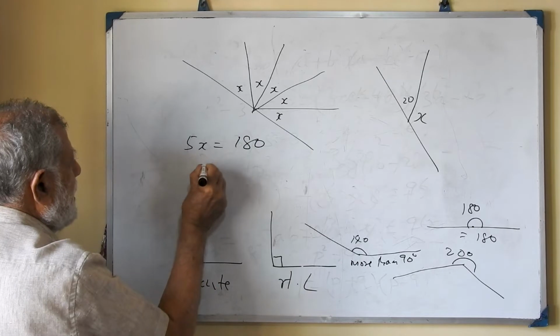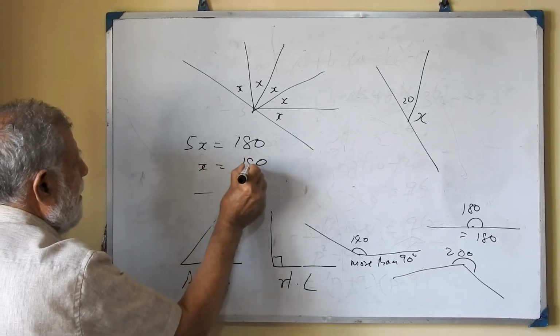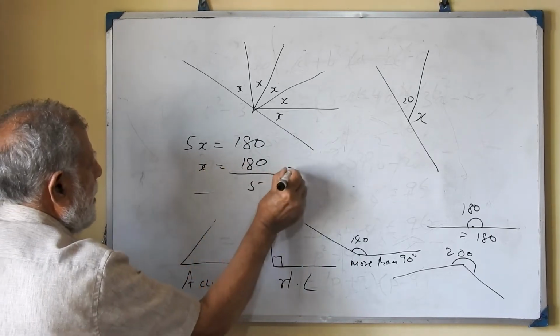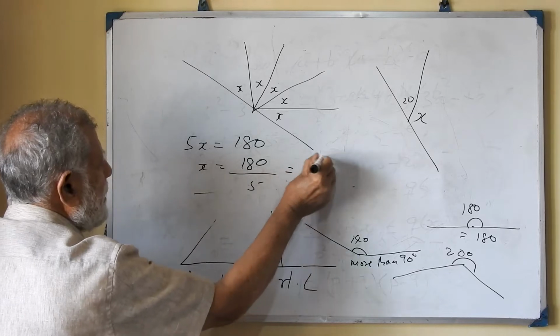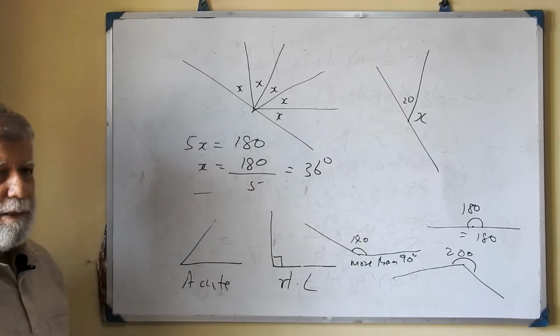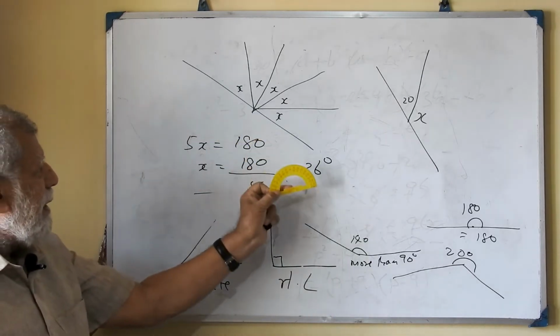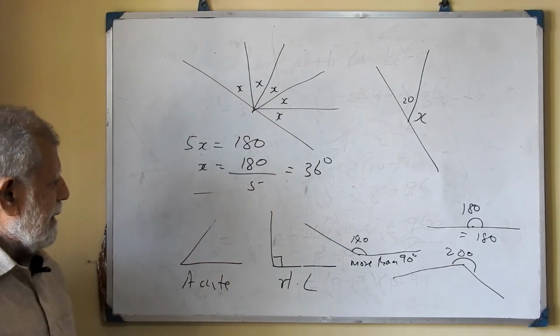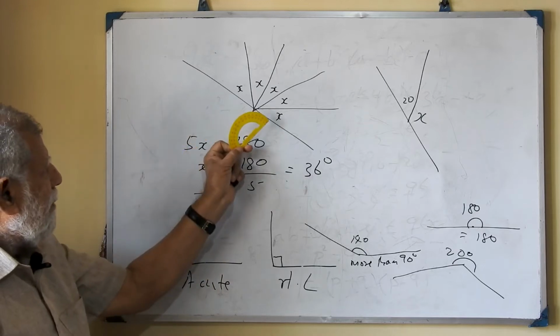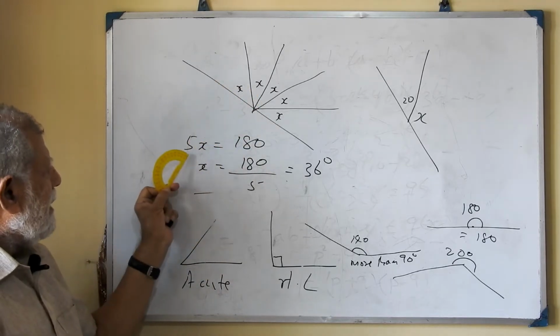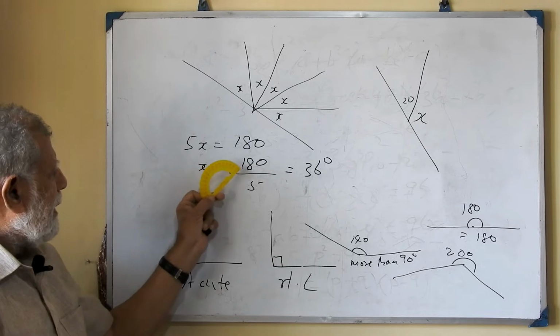Therefore 1x equals 180 divided by 5, which is equal to 36 degrees. So each angle is 36 degrees. How did we calculate this? We know that if it's a straight line, all the angles add up to 180 degrees. So all the x's come to 5x, 5x equals 180, so x equals 180 divided by 5.